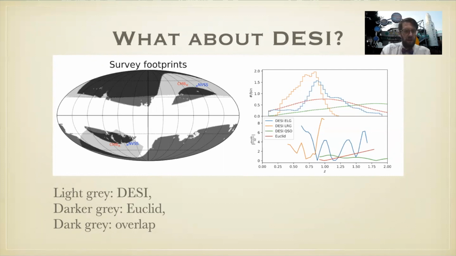And the DESI collaboration has already published its preliminary target selection, which we show here in the top panel of the right-hand plot. And here in the bottom panel, you can see the log derivative of the radial selection function, which has a lot more features than the smooth selection function we assumed for our Euclid-like survey, and can therefore show a stronger rocket signal.